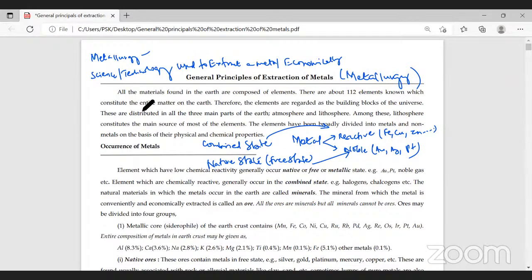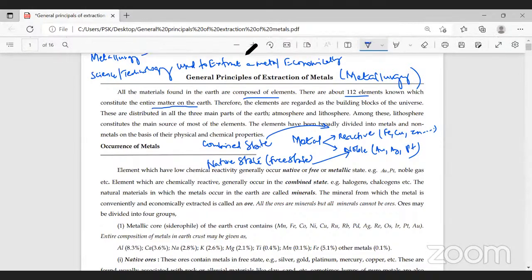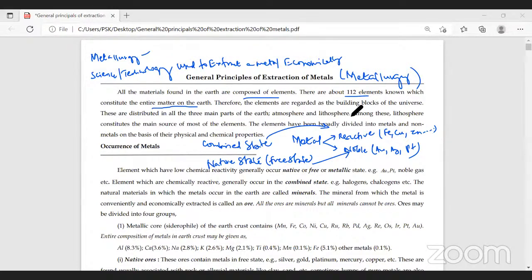All the materials found on the Earth are composed of 112 elements known, which constitute the entire matter on the Earth. Recently they've added up to 120 elements. Some of the elements are artificial, man-made. These elements are regarded as the building blocks of the universe.